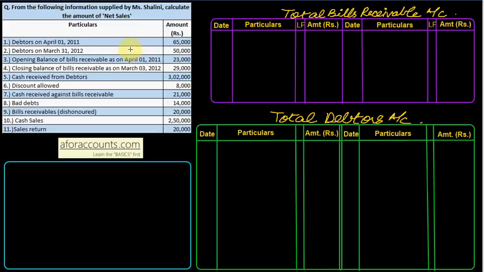See, we'll start. Debtors as on 1st April 2011 means what? This is your opening debtors. So 1st April 11, opening balance of your debtors, to balance brought down, 65,000.